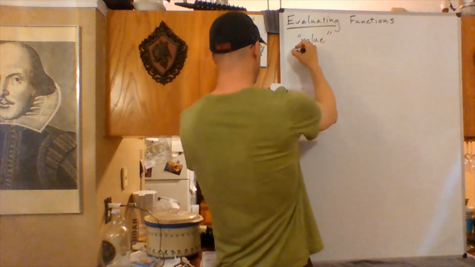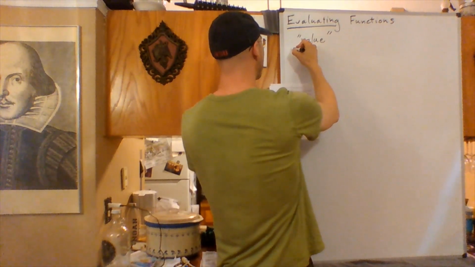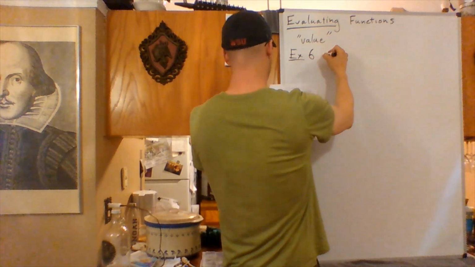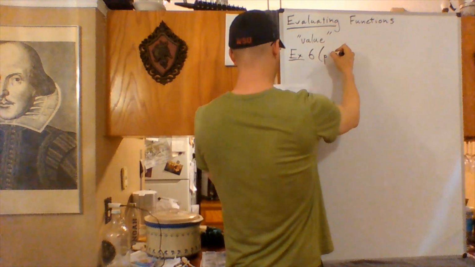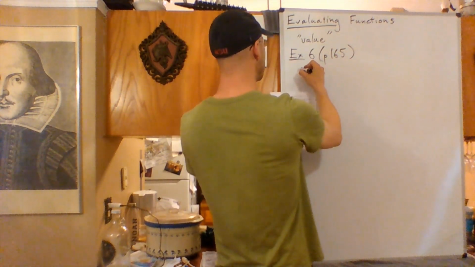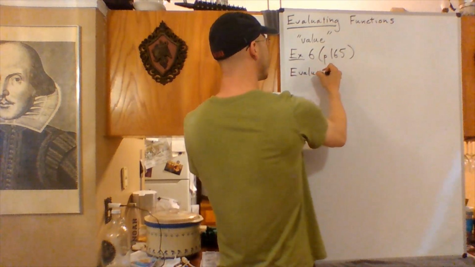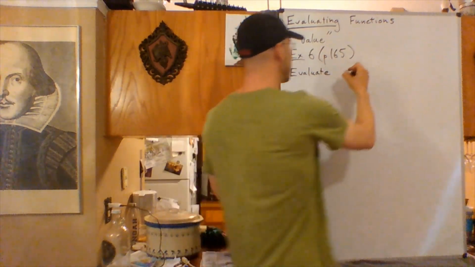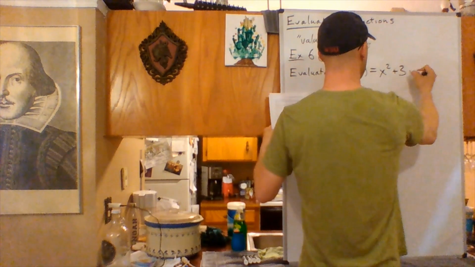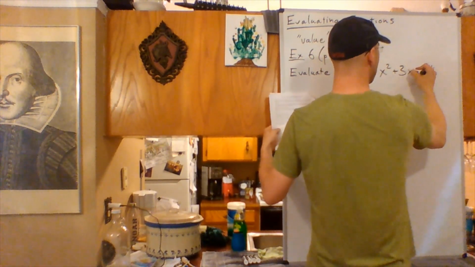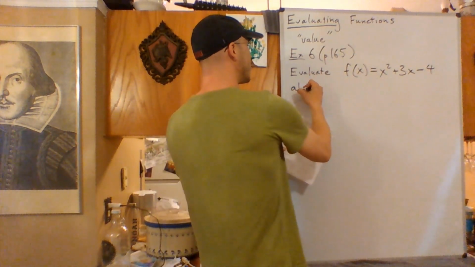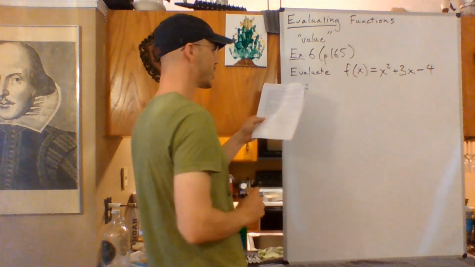So I'm going to do some function evaluating from example 6 on page 165. We're given the function, and the instructions are to evaluate. We're given the function f of x equals x squared plus 3x minus 4 at the following 3 values.